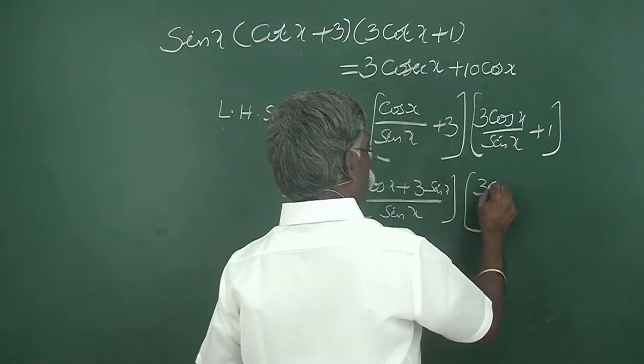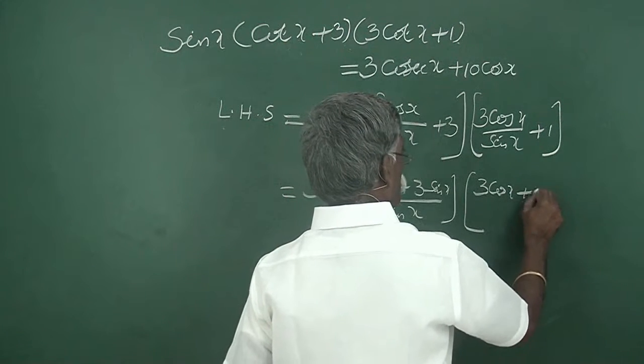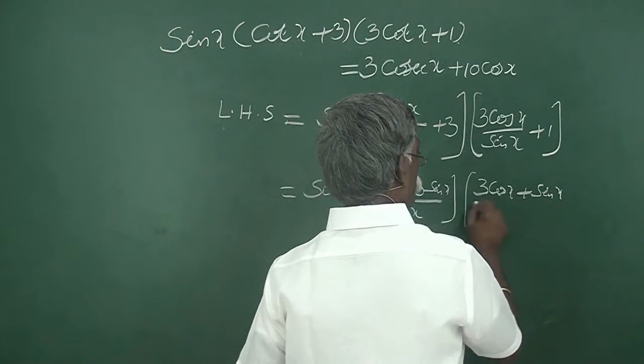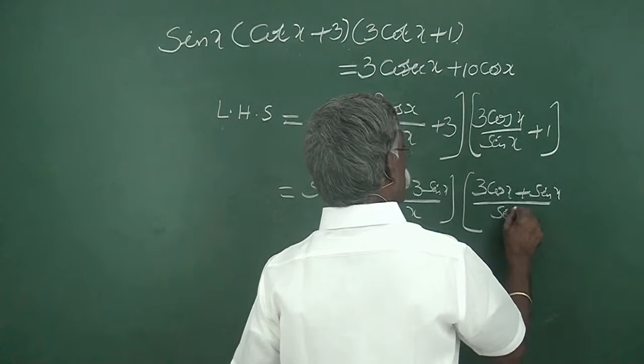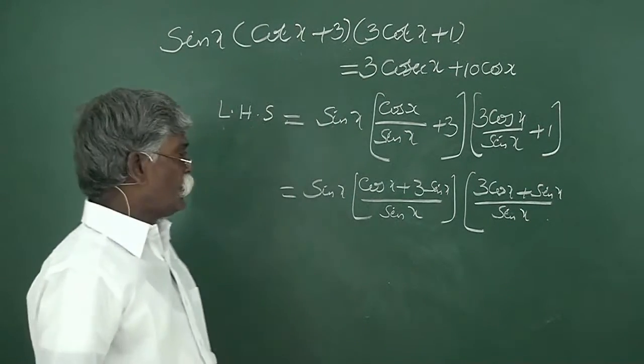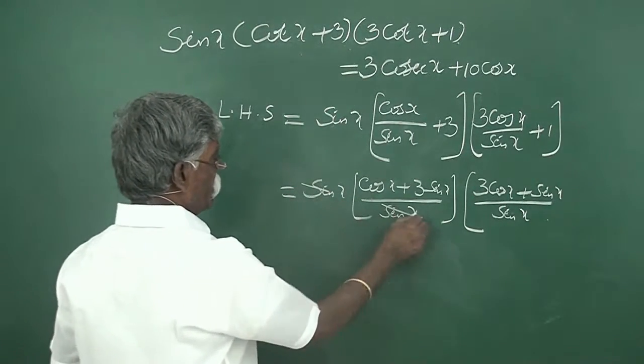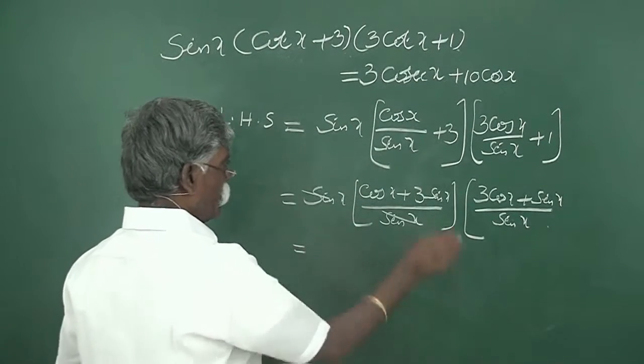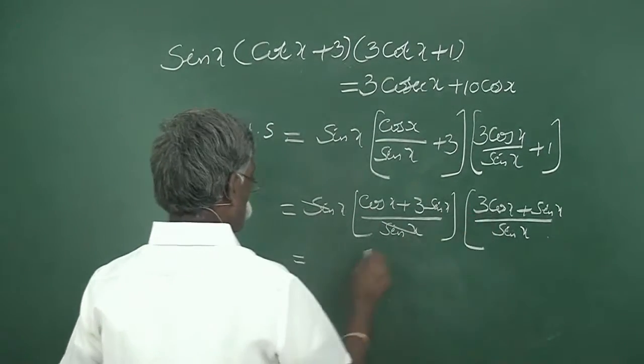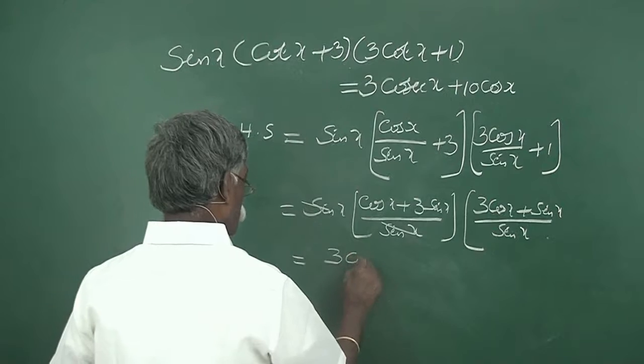Here it is 3 cos x plus sin x by sin x. So we can cancel this sin x and this sin x. Now let us multiply. Cos x into 3 cos x is 3 cos square x.